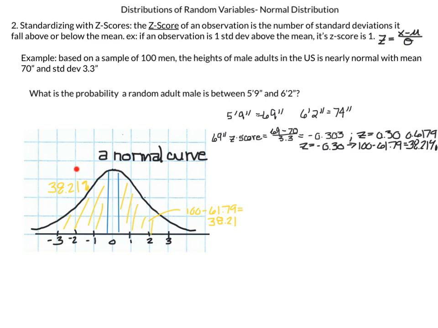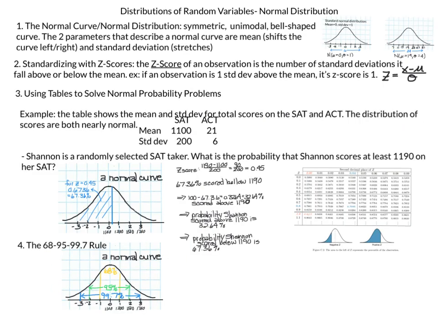So it's going to equal 38.21. So I've written that down for the z-score of negative 0.30. That's 100 minus our 61.79%, which is 38.21%. And this last topic, the 68, 95, 99.7 rule, we had already talked about.